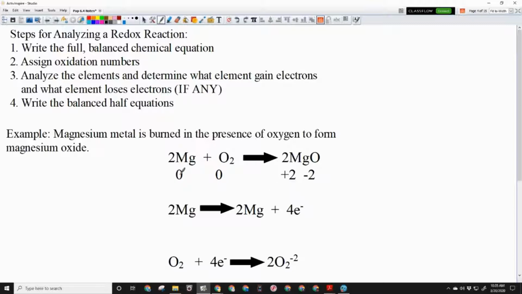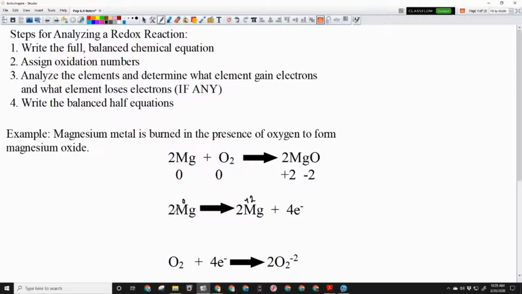All right, so let's analyze what's happening here. Magnesium is going from a 0 charge here, I'm going to write 0 above it, to a +2 here. How does it do that? Well, magnesium has got to lose 2 electrons. So in order for this equation to balance out, we have to have 2 electrons from that magnesium on this side.